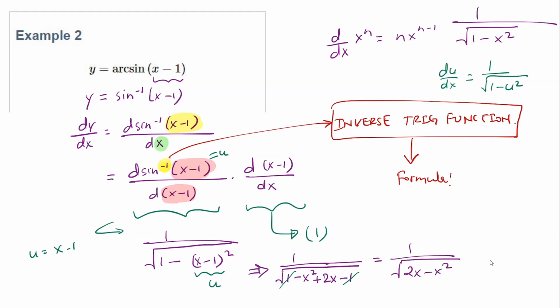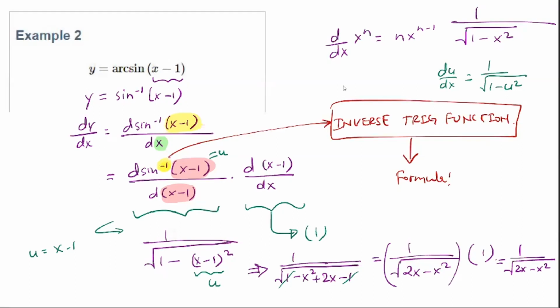This is the first part, but the second part is 1, so the answer is going to be the same: 1 over square root of 2x minus x squared. I hope you are getting this. This is also one of the important ways of doing inverse trig functions, especially when we have to adjust the variables to use the formula.